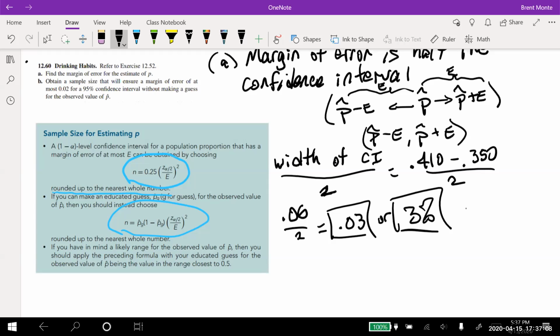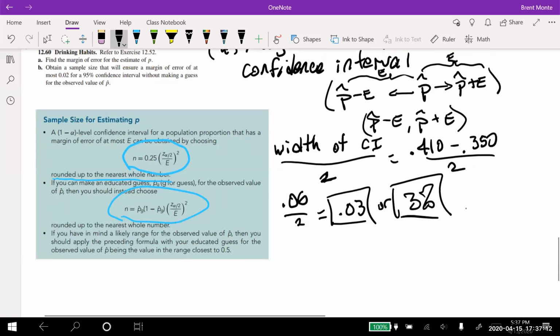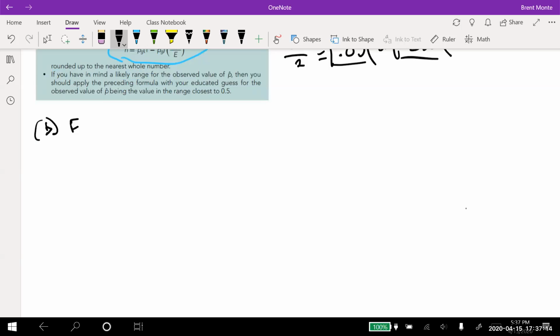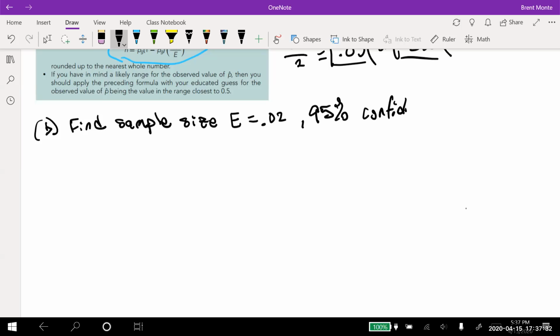So we'll go through that and we'll enter some stuff. So let me just move this up. So for part B, find sample size. And they said with a margin of error of 2%, so that's what E is. So the margin of error is 2%. We still have a 95% confidence level, just meaning we're doing a 95% confidence interval.